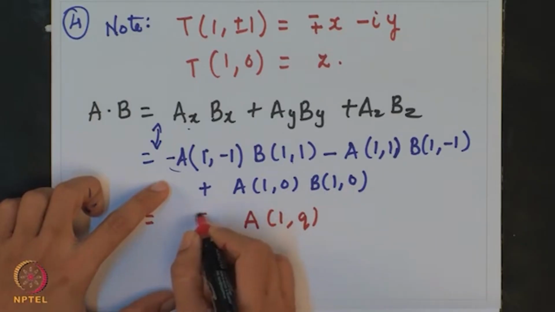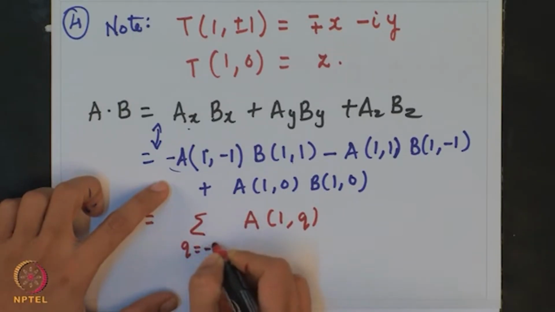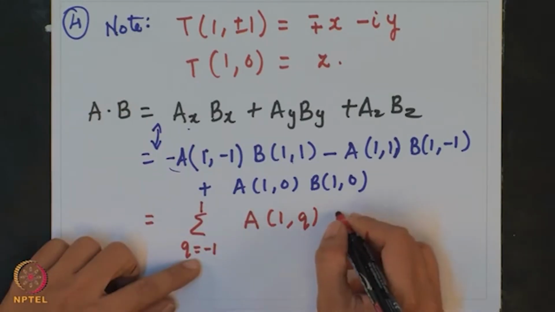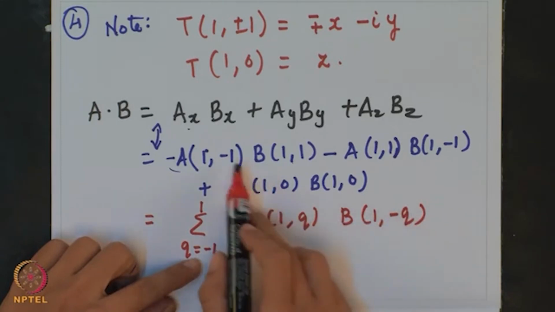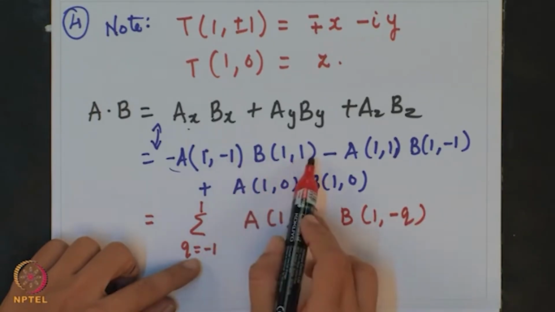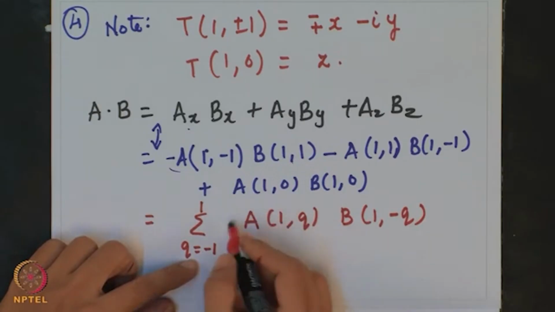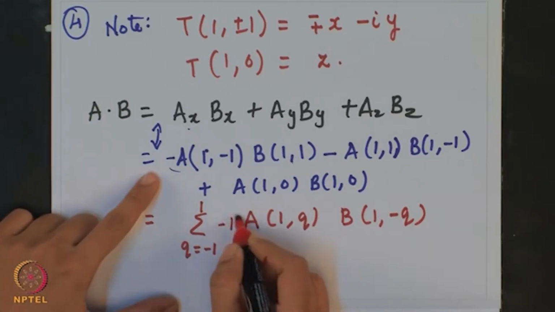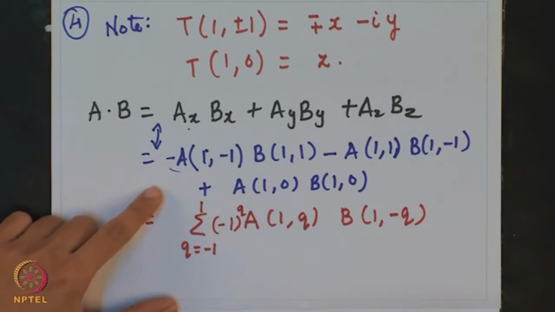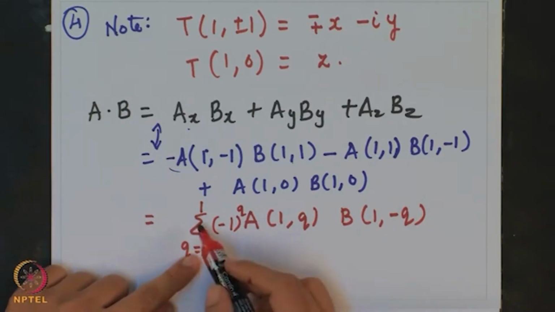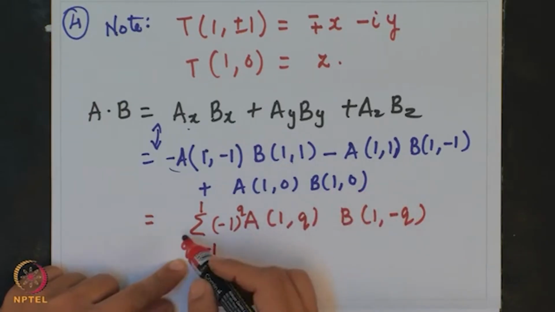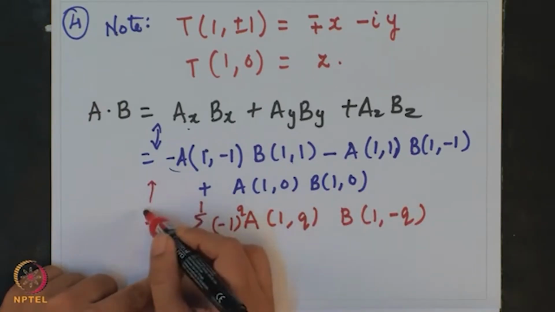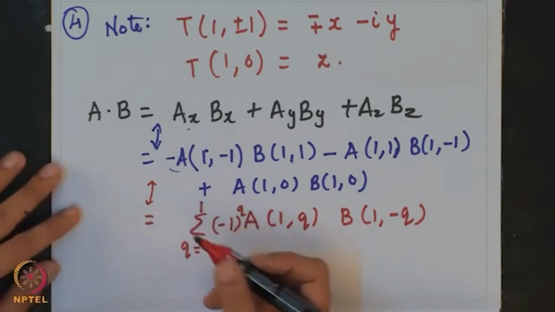So, I can take summation over Q going from minus 1 to 1 of A 1 Q times B 1 minus Q. You can see here that B is taking a different value. So, I write it this way, and I have a factor of minus 1 to the power Q. So, I will have this in the form of compact notation. So, I have 3 terms. You can again check this step, it is very easy.